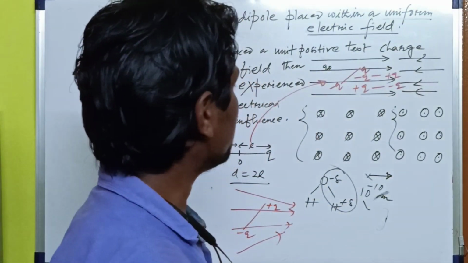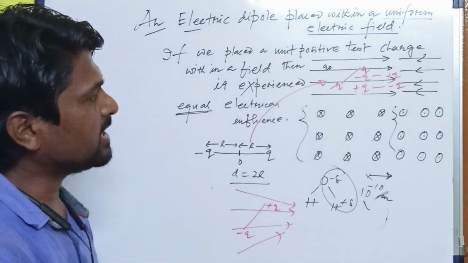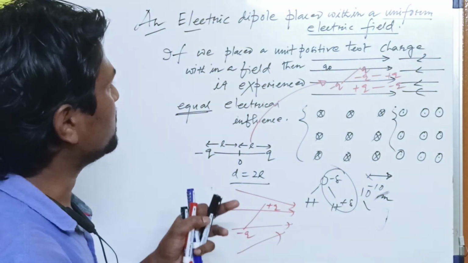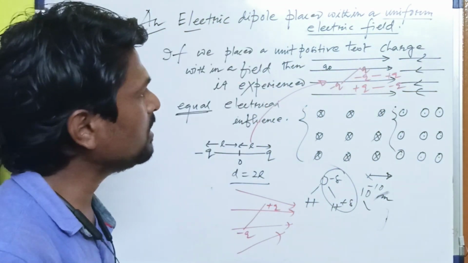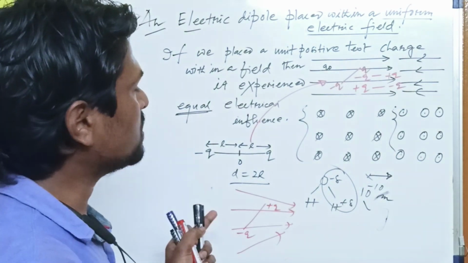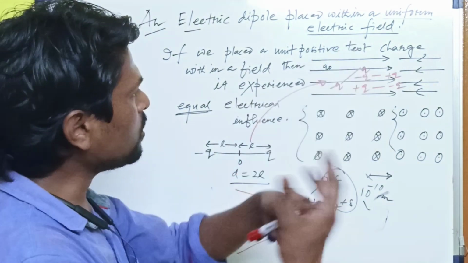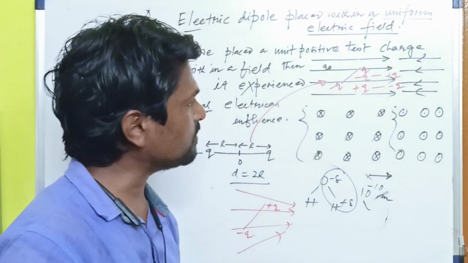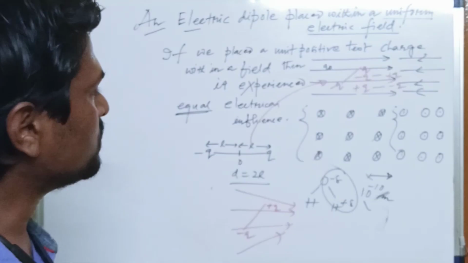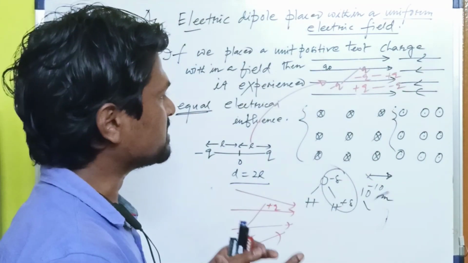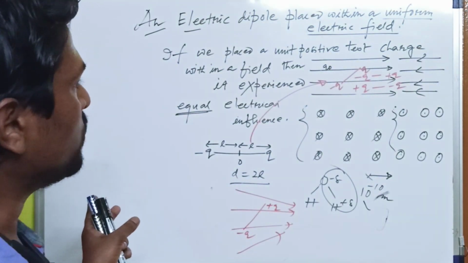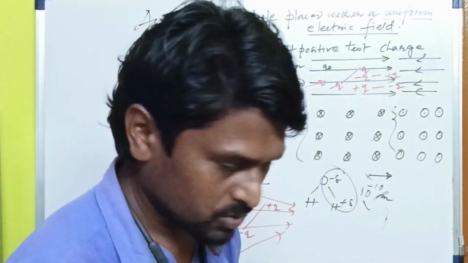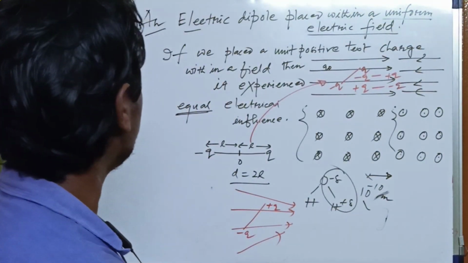So wait and clear all the concepts related with an electric dipole when placed within a uniform or non-uniform electric field, and what happens. So first of all, we can take into account that particular uniform electric field and we place that dipole within that particular field.